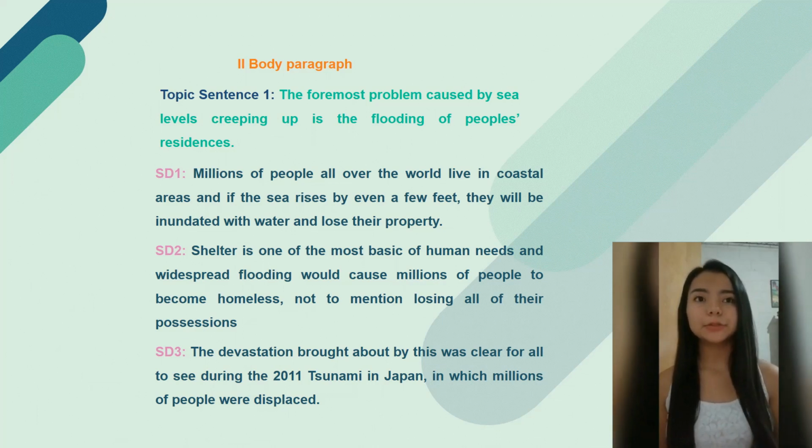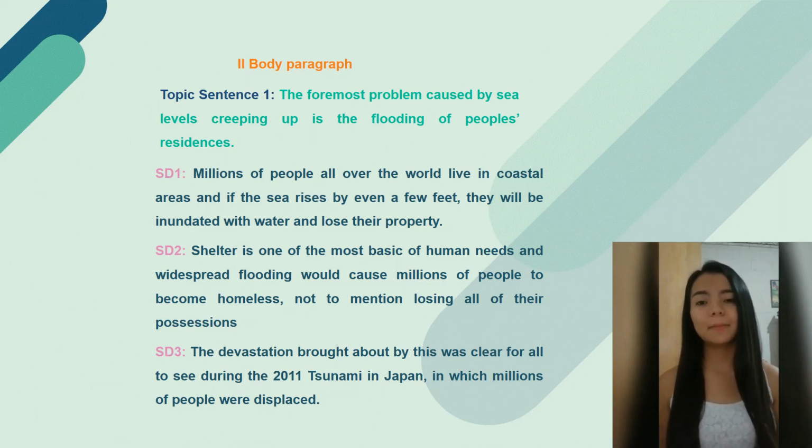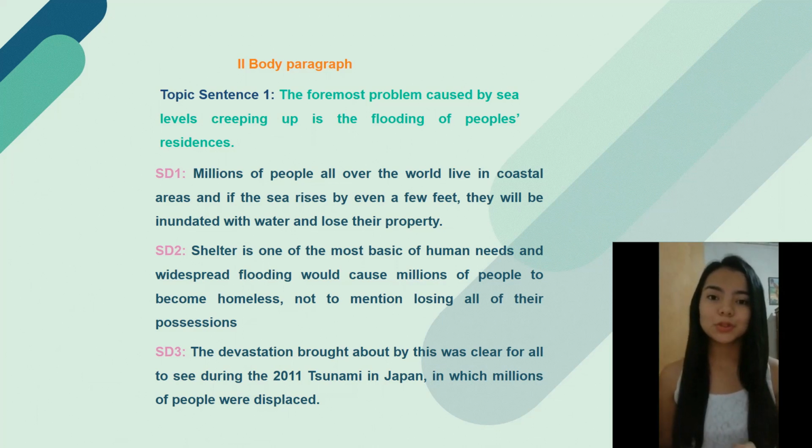Shelter is one of the most basic human needs, and widespread flooding will cause millions of people to become homeless, not to mention losing their possessions. Possible solutions. Number 3. The devastation brought about by this was clear for all to see during the 2011 tsunami in Japan, in which millions of people were displaced.